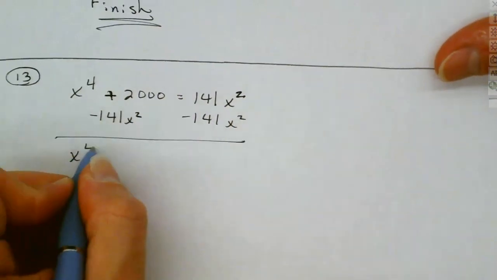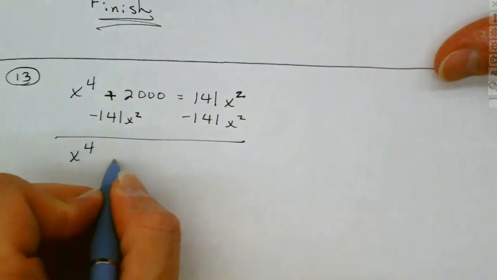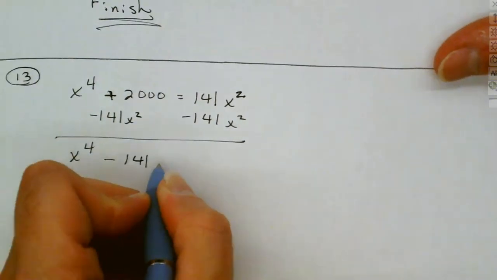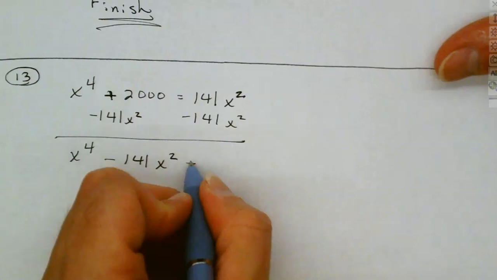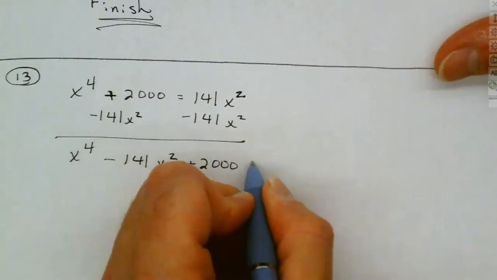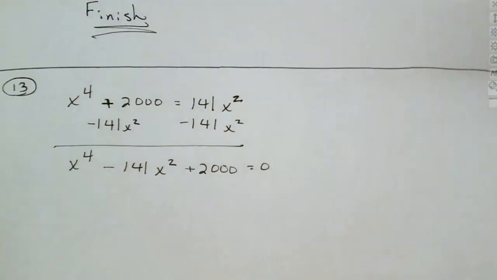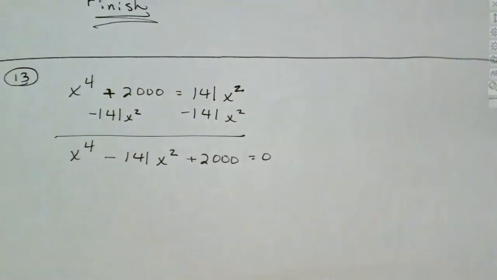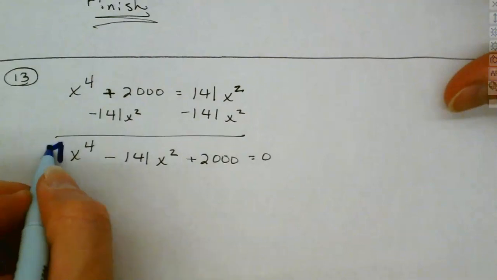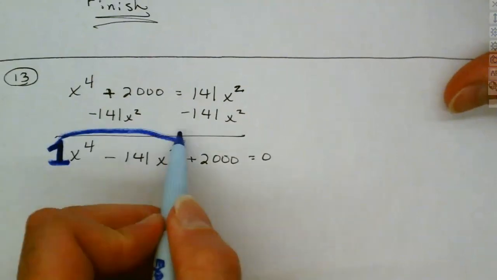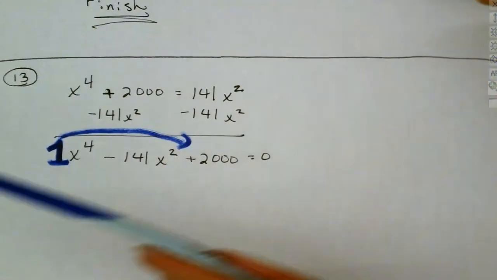And that leaves me then with an x to the 4th minus 141x squared plus 2,000 equals 0. I'm going to go ahead and factor this. So 1 times the 2,000 is your 2,000.